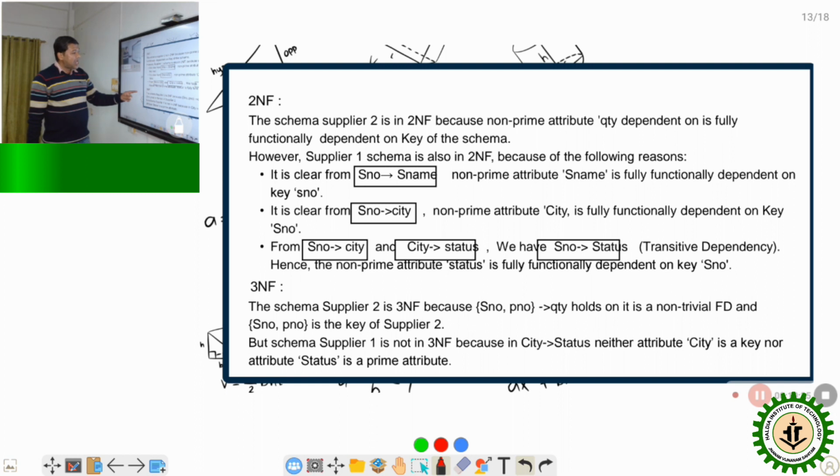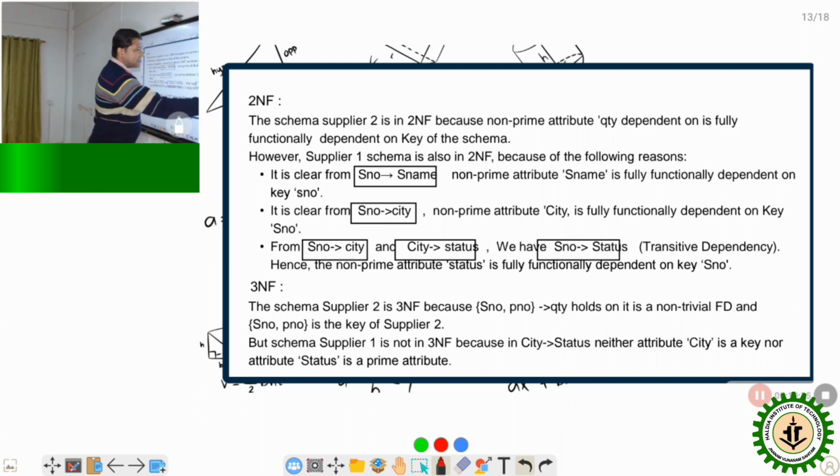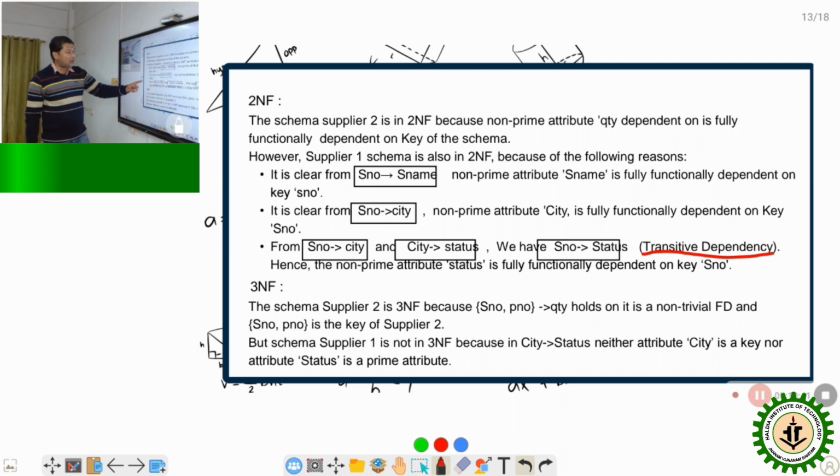From supplier number to city and city to status, we get supplier number to status by using the transitive dependency. Hence, the non-prime attribute status is fully functionally dependent on the supplier number. So these tables are in 2NF.